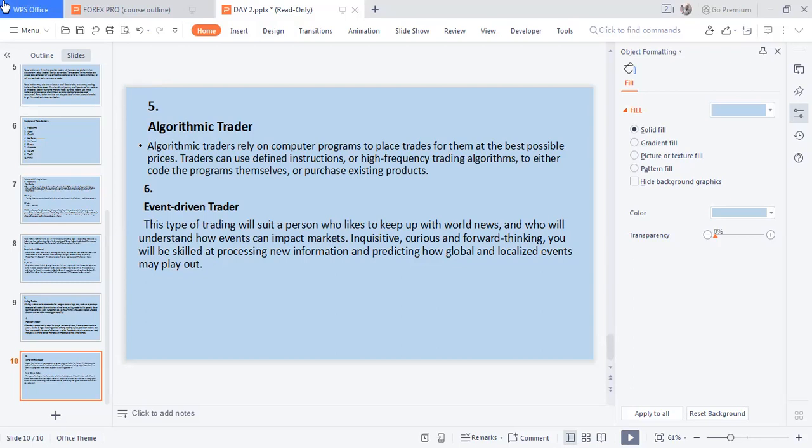It is very possible for you to profit from the news. That's what they call news trading. I will explain all of that to you. Event-driven traders are traders that keep up with news.